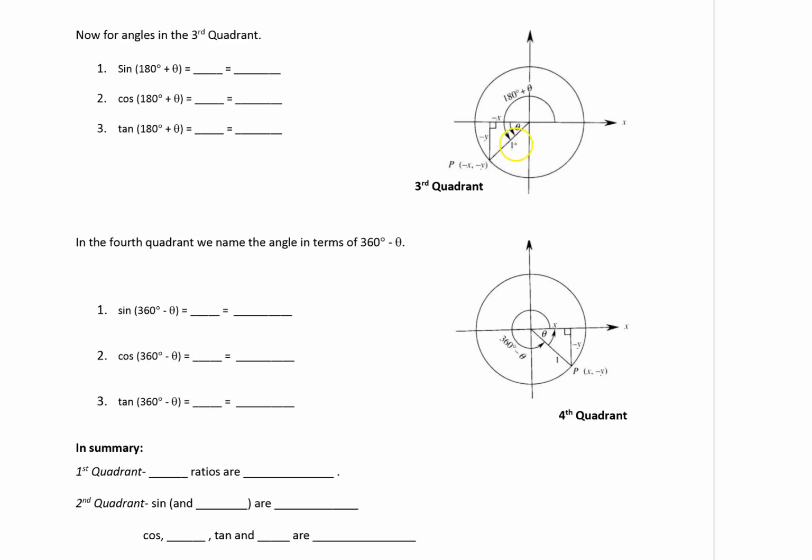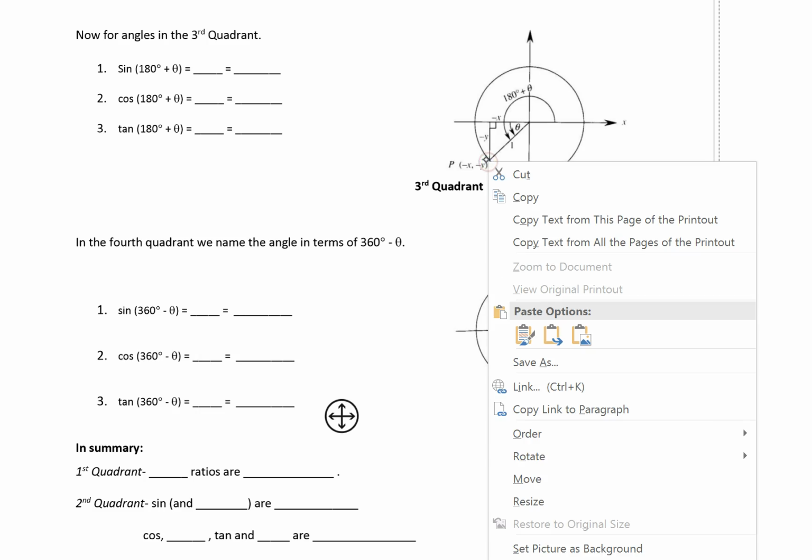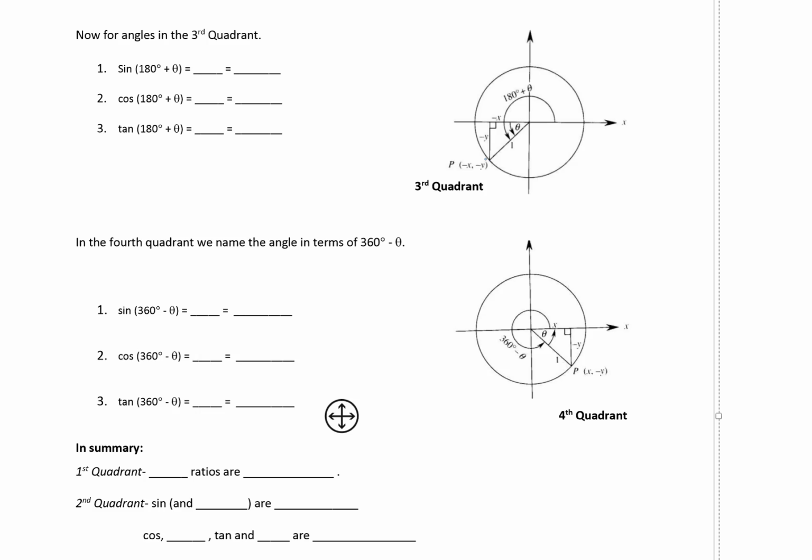So now P has moved around here, and obviously the x ordinate would be negative again, and this time for P on your circle, it would have a y ordinate that's also negative. So sine of, now we're talking, the angle is 180 plus theta.